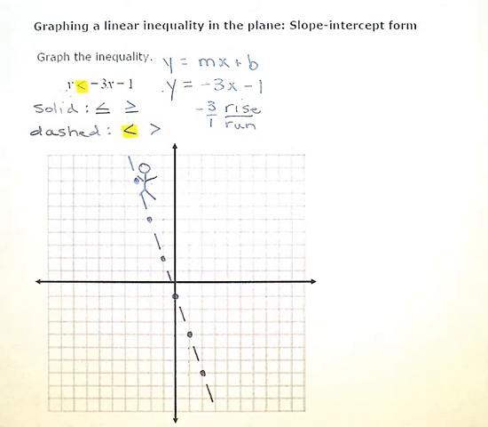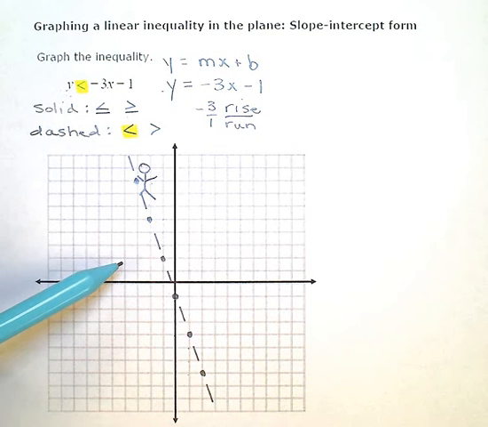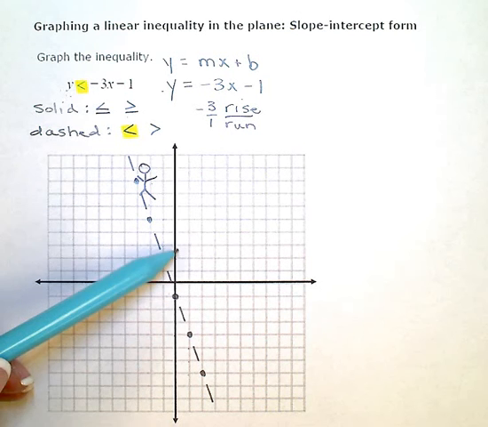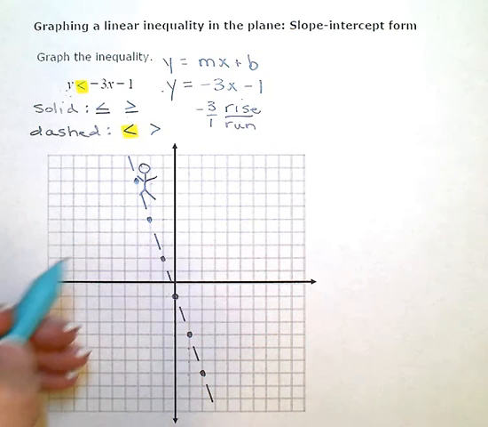This is a pretty steep hillside, so picture yourself hiking, or actually going down this slope, because this is a negative slope.